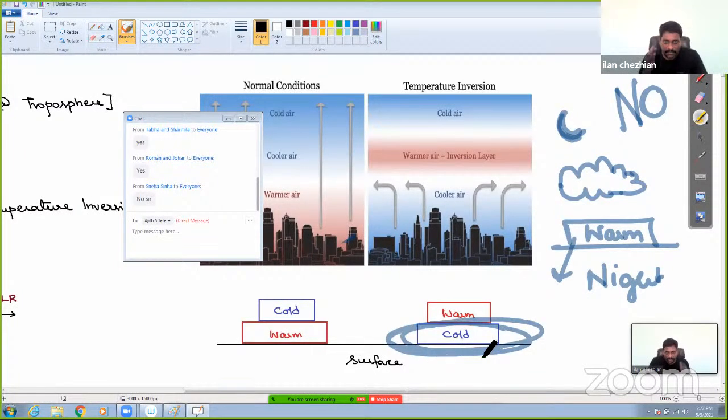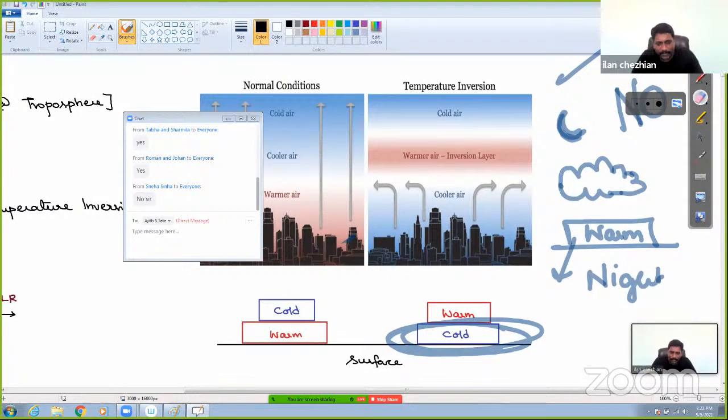That's the reason you will not experience temperature inversion on cloudy nights. Normally, they say temperature inversion can happen only during a cloudless night. Very important.